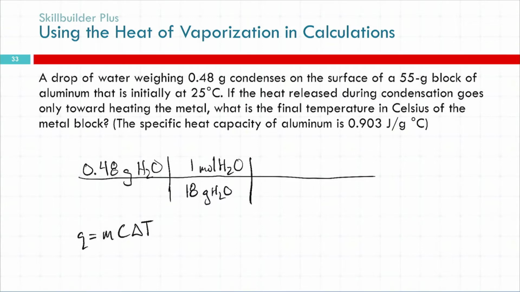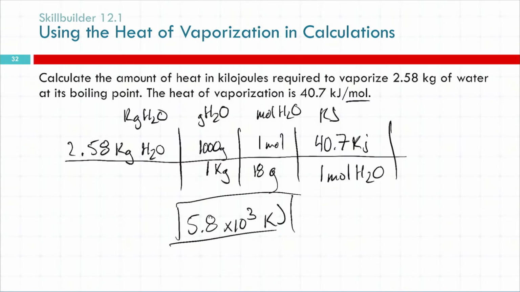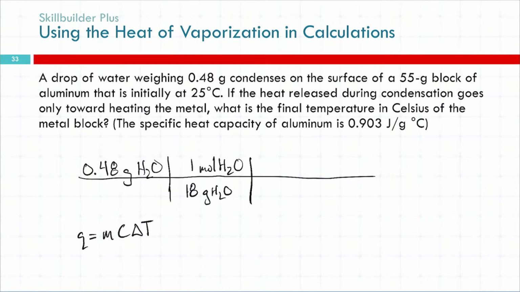So then we've converted there, and we know from our previous slide that it's 40.7 kilojoules per 1 mole. A negative, though, because we are condensing, and condensation is an exothermic process.